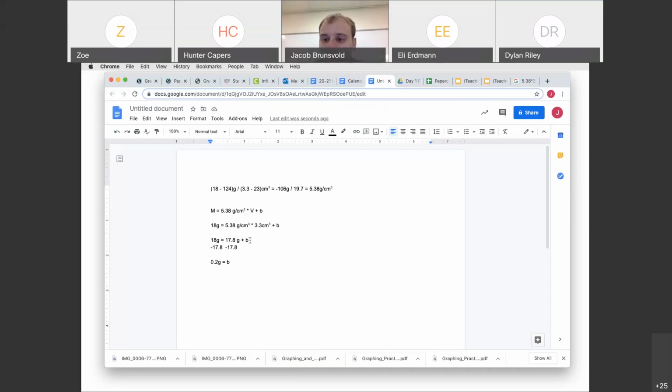Again, though, because we're estimating the best fit line, if you're using points that are on the best fit line, that will change what your answer is. So don't worry if you didn't get 0.2 exactly. You're only going to get 0.2 if you pick the exact same points that I did. If you pick different points, that's okay.